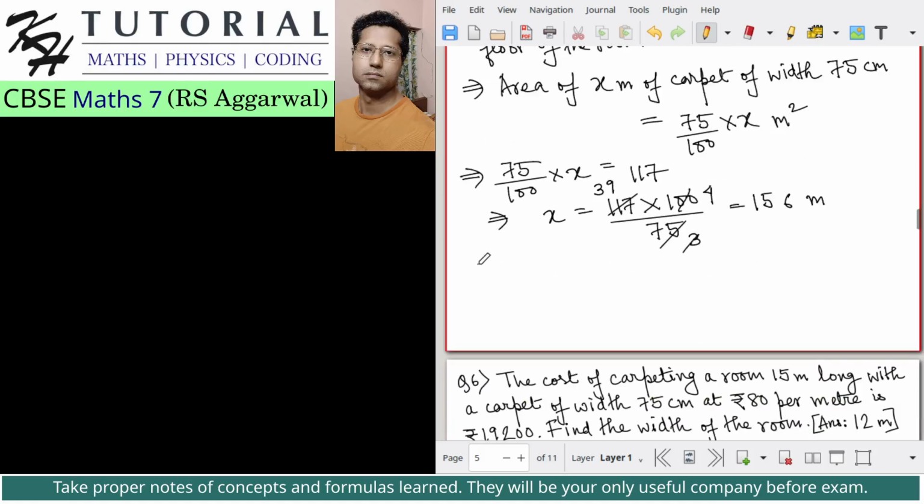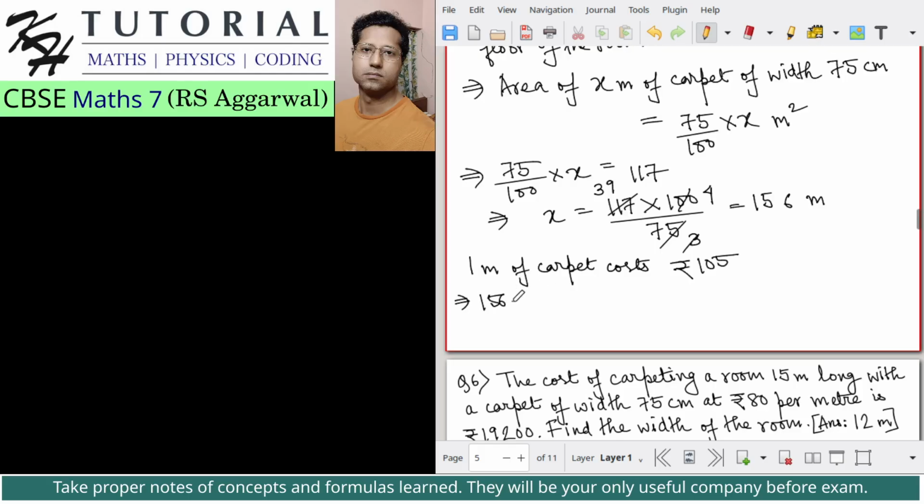So we know that 1 meter of carpet costs rupees 105, and we need 156 meter of the carpet.